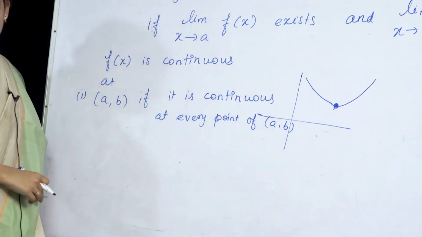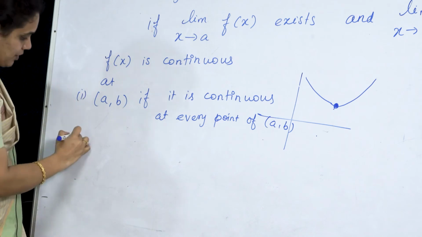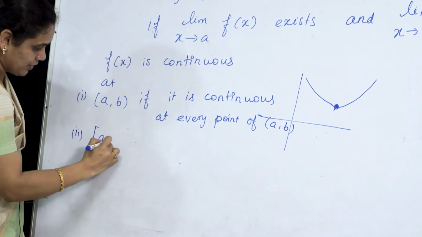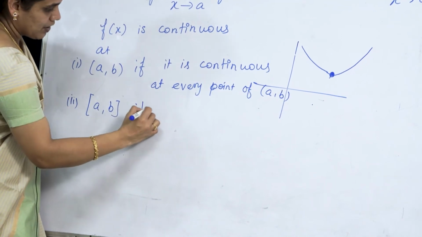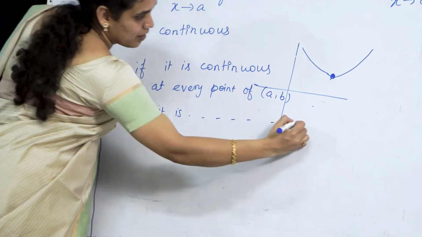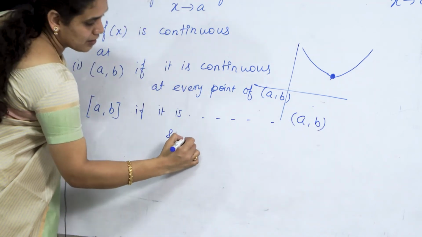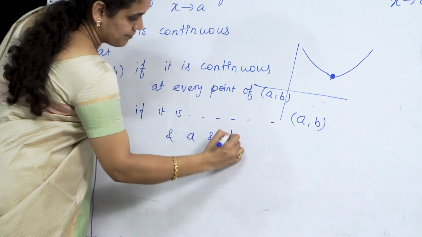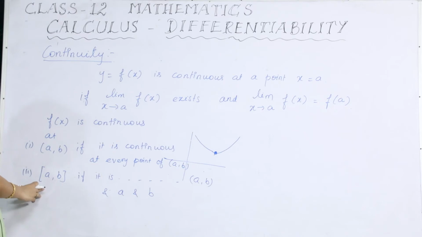Each and every point in this interval should be continuous, then only we can say that the function is continuous in this interval. And if you take the closed interval, it should be continuous at the extreme points also. It should be continuous at every point of (a, b) and also at a and b, the extreme points, then only we can say that it is continuous on this closed interval.